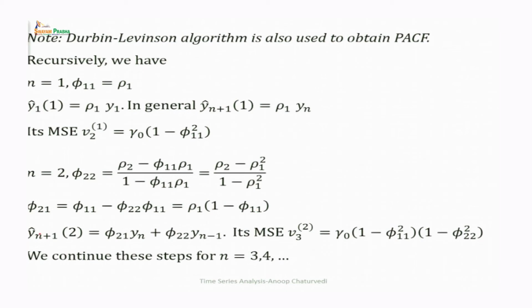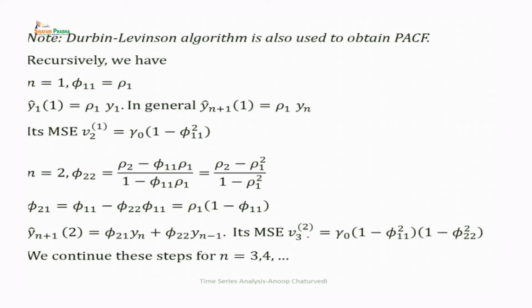And then y hat n plus 1 2 is equal to phi 2 1 y n plus phi 2 2 y n minus 1, and the mean squared error of this is V 3 2, equal to gamma 0 into 1 minus phi 1 1 square into 1 minus phi 2 2 square, and then you can substitute the values of phi 1 1 and phi 2 2 here.